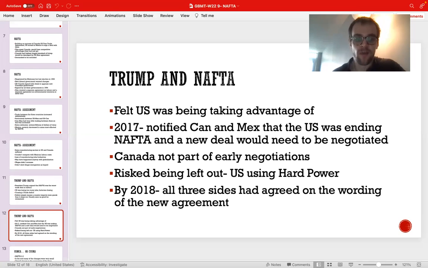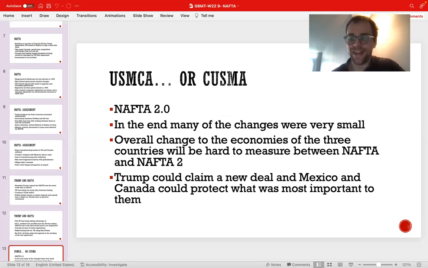In the end, the differences between the two agreements were quite negligible, and the new agreement looked much like the previous one. While Trump used the destruction of NAFTA and the creation of a new trade agreement for his political campaigning, many economists and experts have a very difficult time distinguishing the impacts of the new agreement under CUSMA versus the previous one under NAFTA.